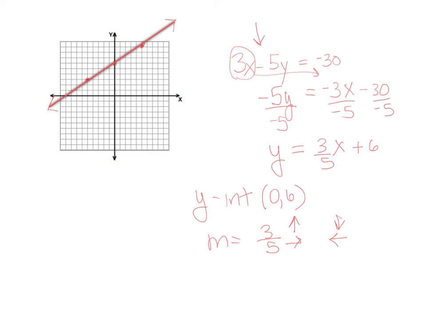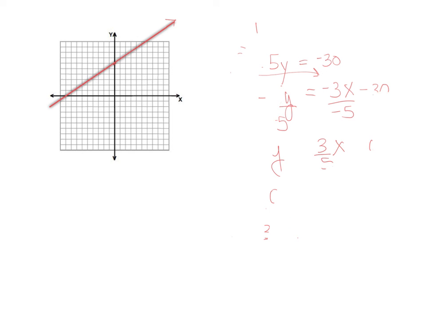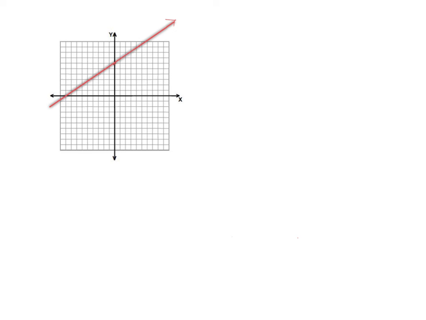So we want to remember that if we have a graph that is an equation, that is x equals 5, that if we look at our coordinate plane, that would be a vertical line where x is equal to 5.